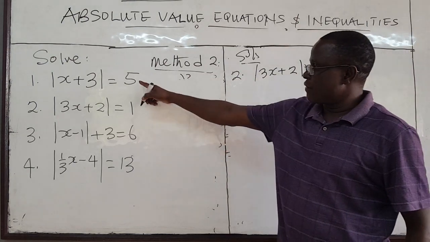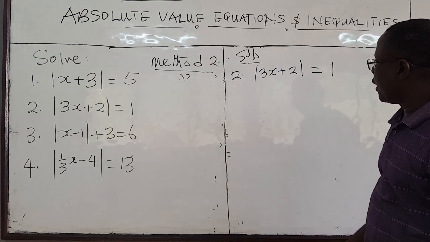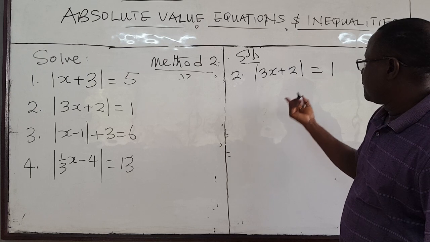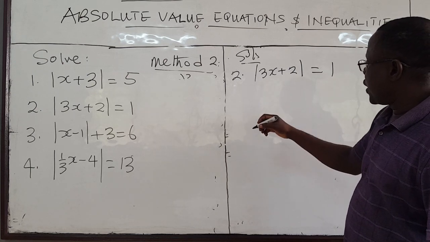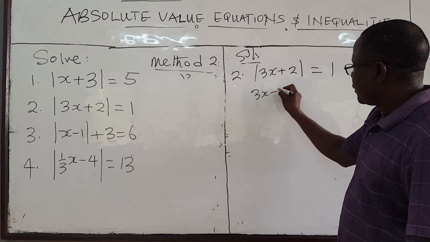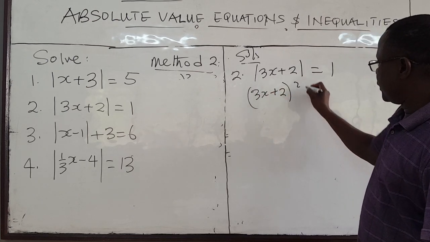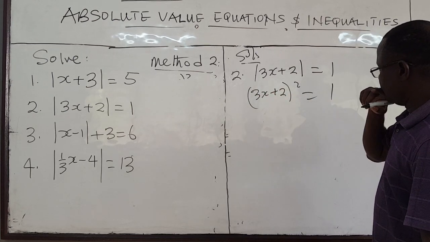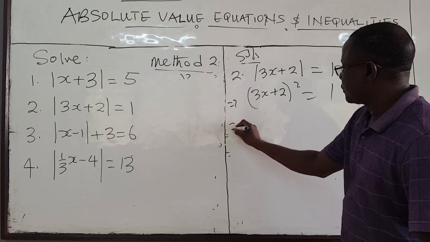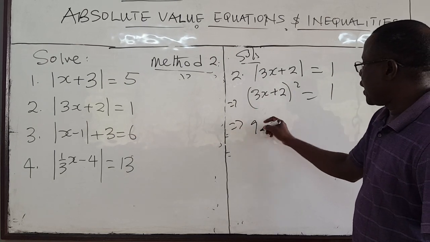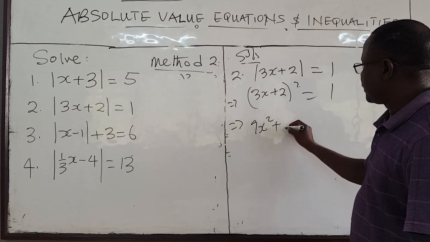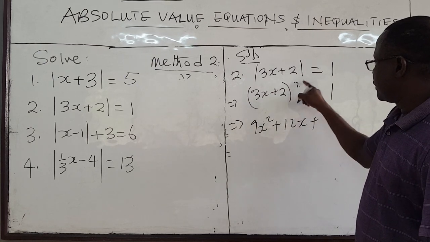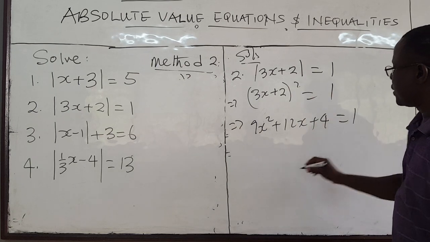Actually, it's not very different from this one, so it's up to you. I'm going to use method 2. I just square both sides. I'll have (3x + 2)² = 1², which is 1. This squared, 3 squared is 9, so 9x² plus, this is 12x, and this is 4, is equal to 1.